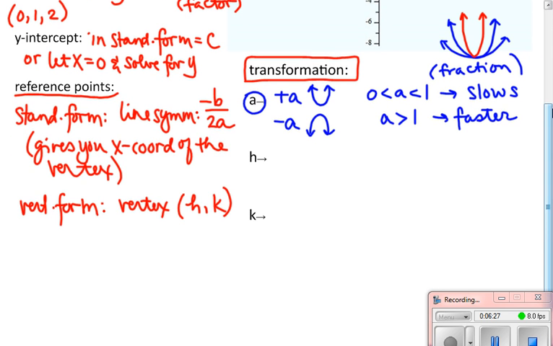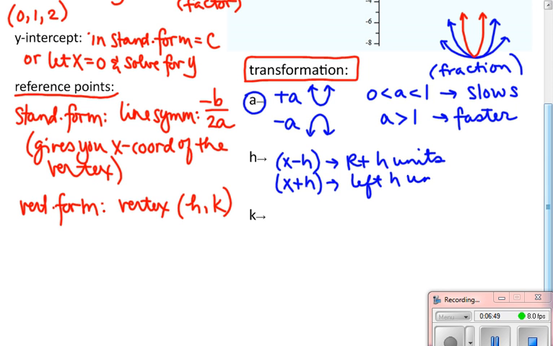Now h is going to be your right and left movement. And so if you have x minus h in that vertex form, that means you go right h units. If you have x plus h, you go left h units.